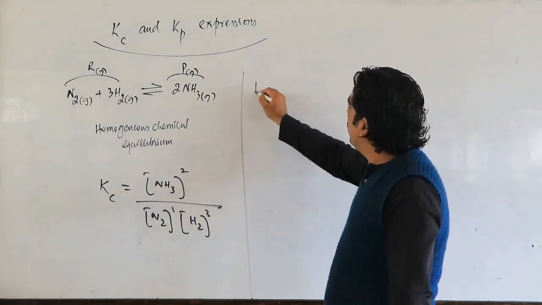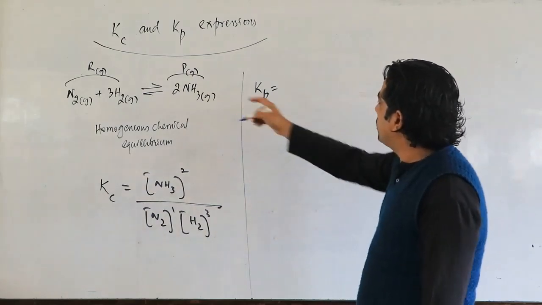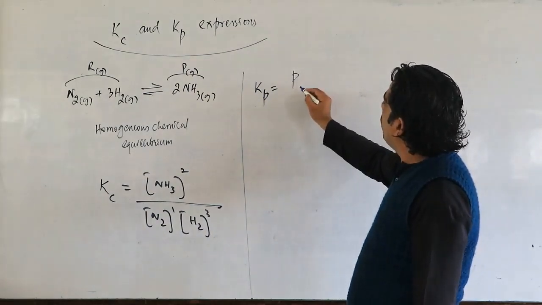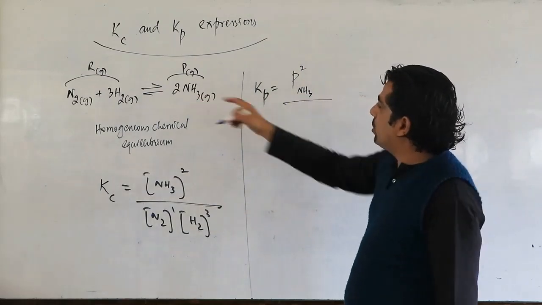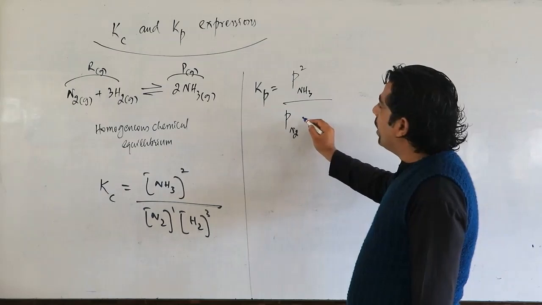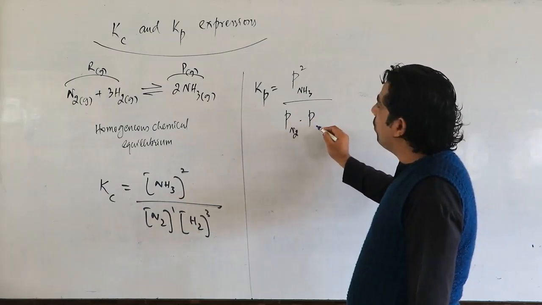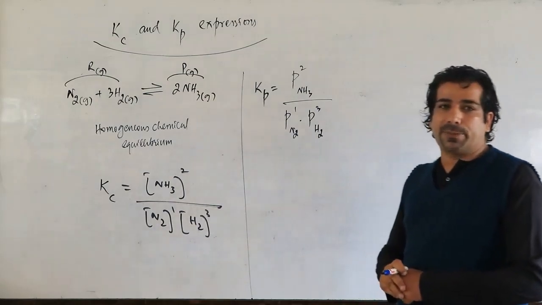Kp will be equal to partial pressure of products, NH3 raised to power 2, divided by partial pressure of reactants, N2 into partial pressure of H2 raised to power 3, raised to power 1. So this is the Kp expression, my dear friends.